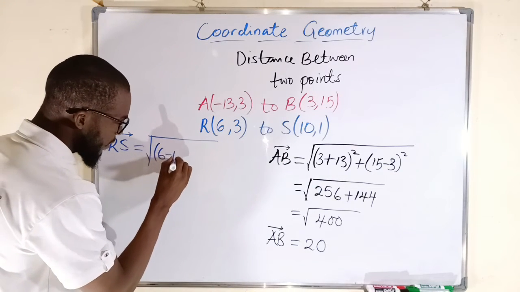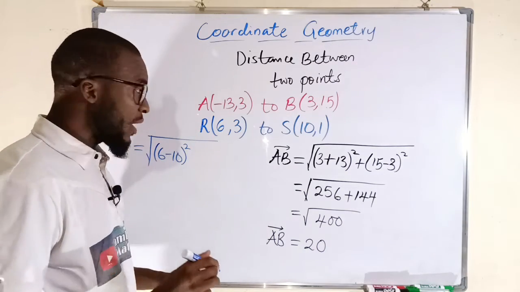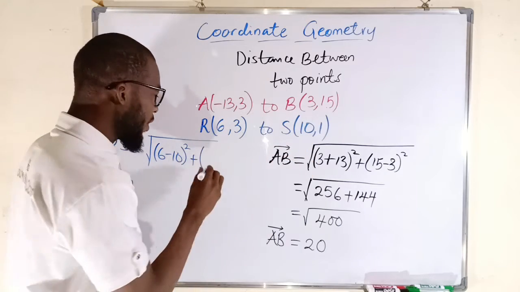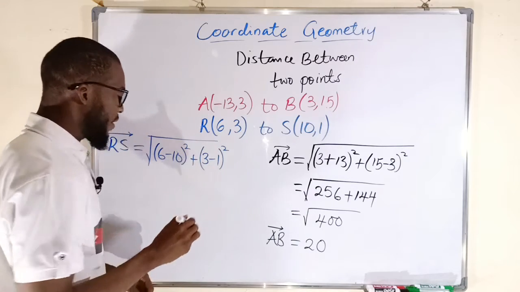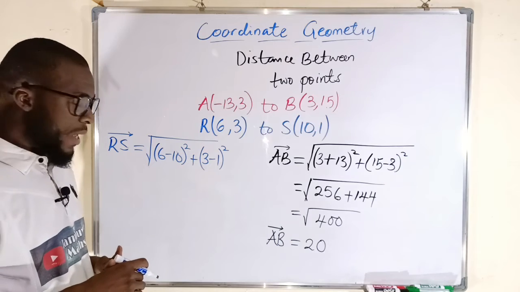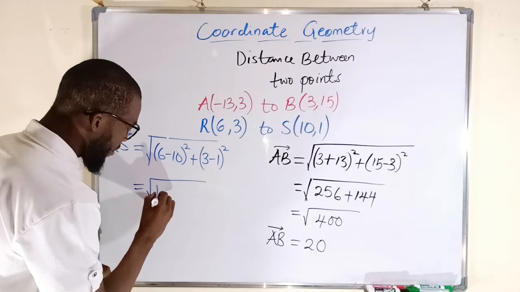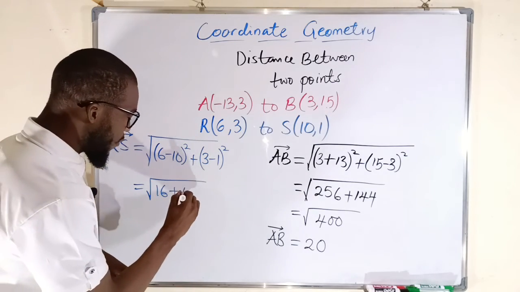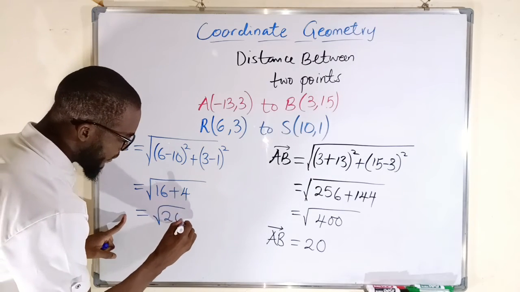It means x2 minus x1, then plus y2 minus y1, that is 3 minus 1, whole squared. 6 minus 10 is going to give us negative 4. And negative 4 squared is 16. So this is 16. 3 minus 1 is 2. 2 squared is 4. So altogether here we have the square root of 20.